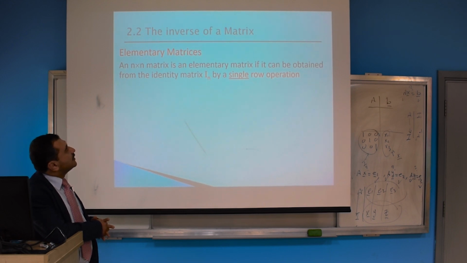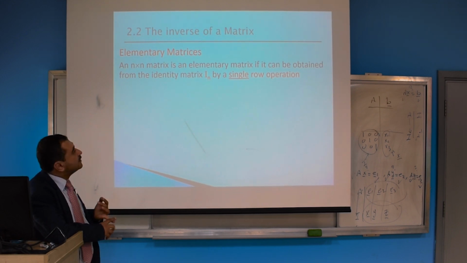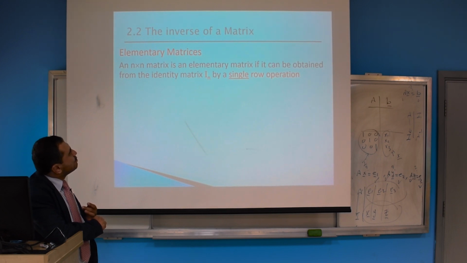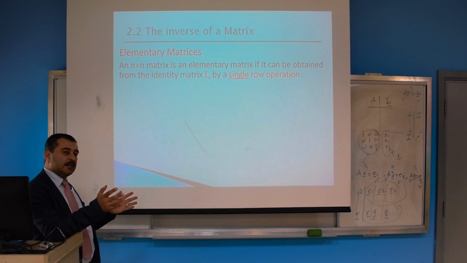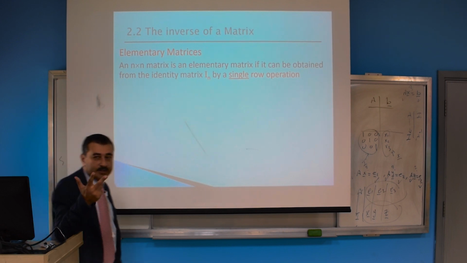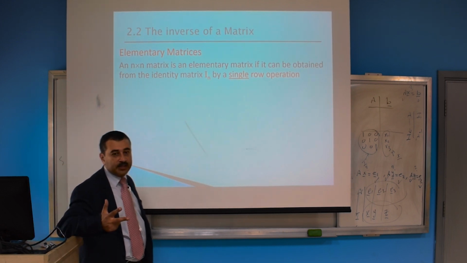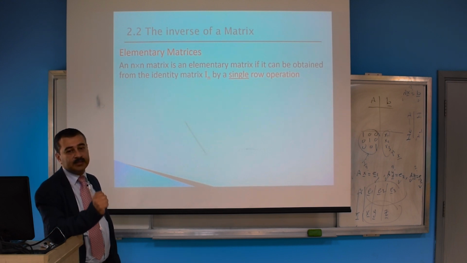So the elementary matrix is a square matrix defined as a matrix that is obtained from the identity matrix by a single row operation. So I'll take the identity and apply one of the 3 operations that Gauss used to get what is called the elementary matrix.